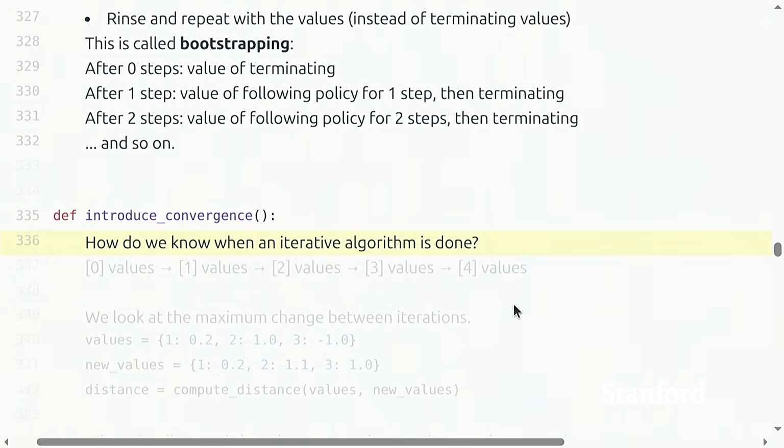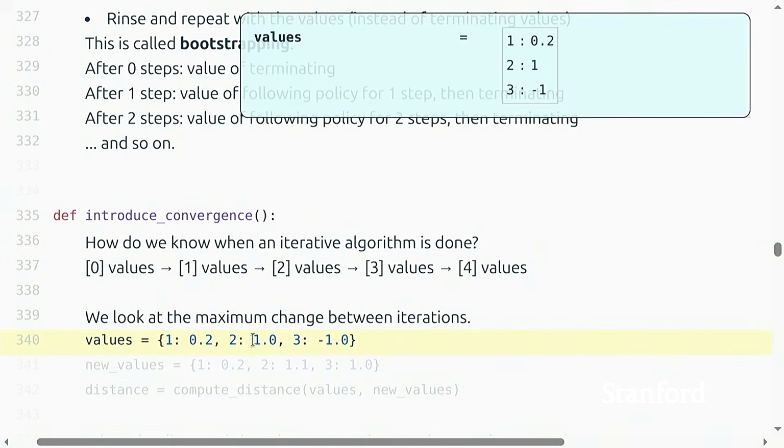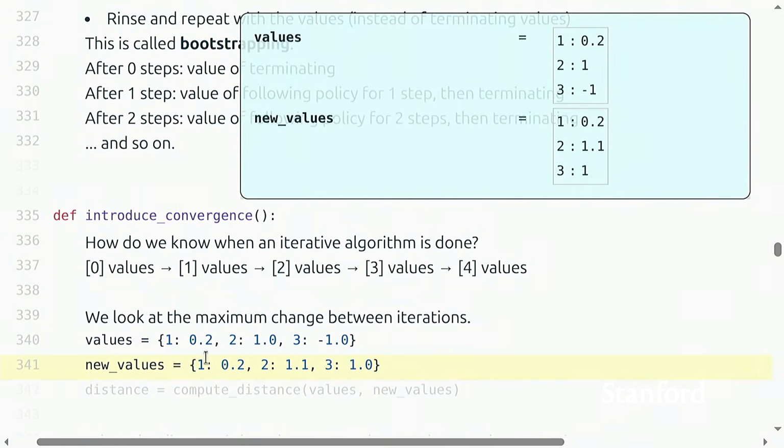Whenever you have an iterative algorithm that computes a set of values, and then another set of values, you look at the maximum change between iterations. So you compare these values to these values: suppose you started with these values, and after one iteration, you update it to these values.